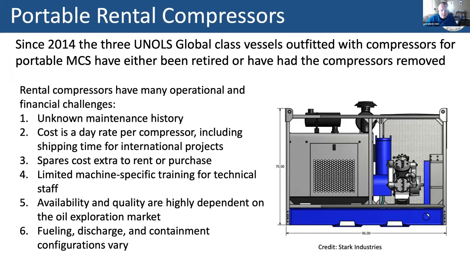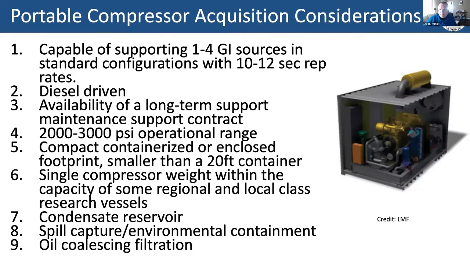So as a result, we have been proposing to acquire portable compressors, and we've developed some criteria that we've used. They're mostly centered around supporting GI guns. We've got to go diesel driven to be able to have a broad range of ships. We want long-term support, contract availability, compact footprint.